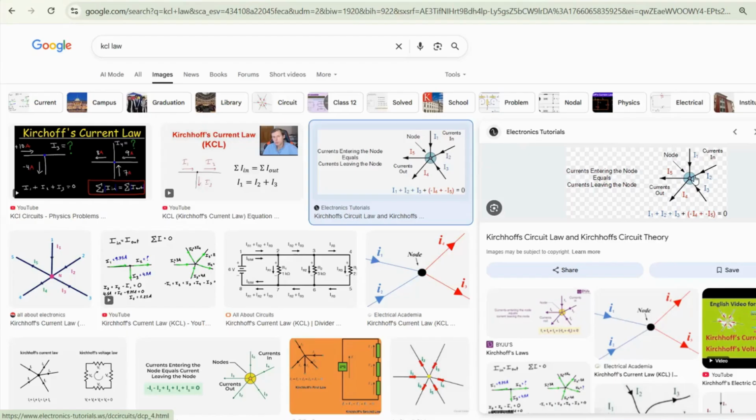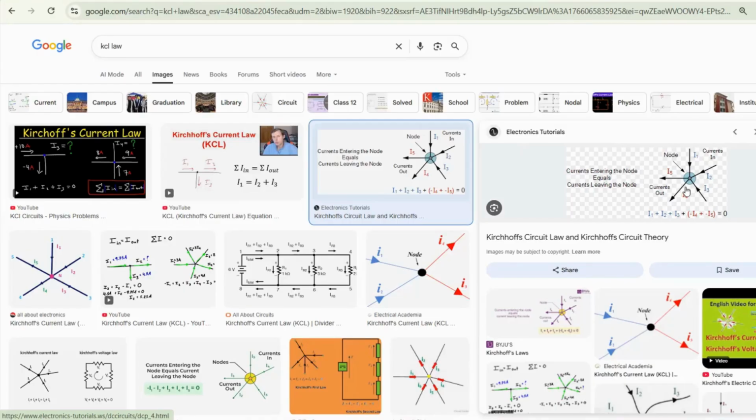I1, I2, I3 are entering the node, and I4 and I5 are outgoing from the node. If the current is incoming, consider it positive. If outgoing, consider it negative. Sum of all the currents means I1 plus I2 plus I3 plus I4 plus I5, but I4 and I5 are outgoing, no? Consider these two as minus I4 and minus I5, equals 0.